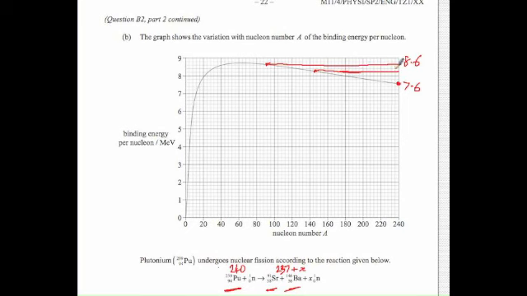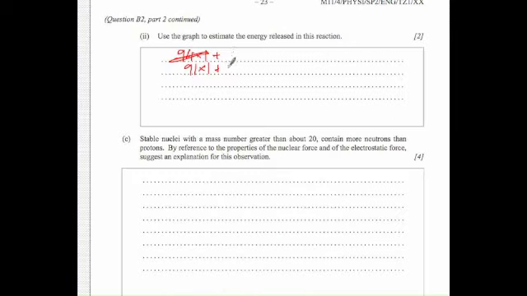So that's from 7.6 up to 8.3. So that's a difference of 0.7 mega electron volts. And that comes to 193, or approximately 190, because this is only an estimate, mega electron volts.